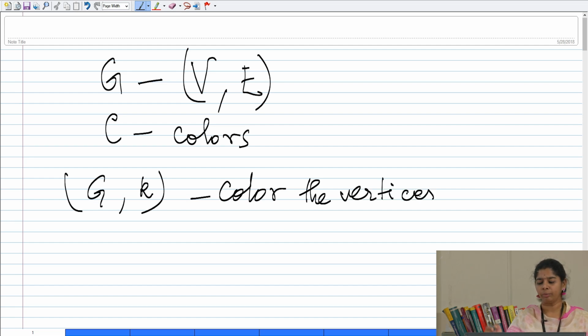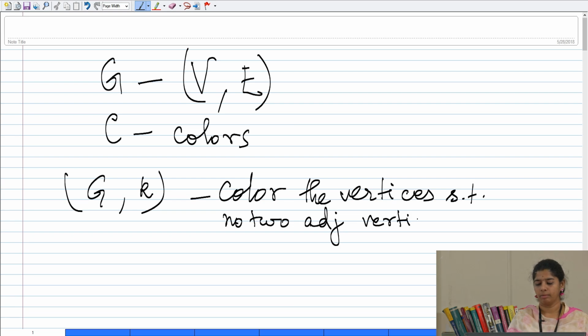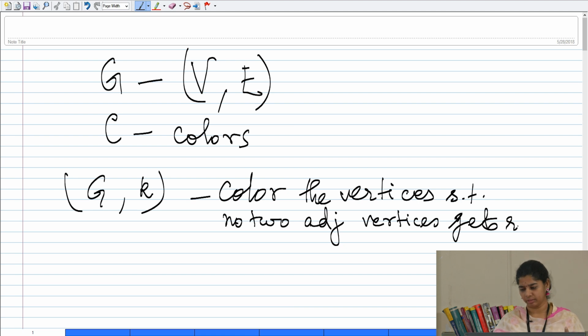By coloring, what do we mean? We want to assign the colors to the vertices, such that no two adjacent vertices get the same color. By gets or receives, we use different terminology in different contexts.